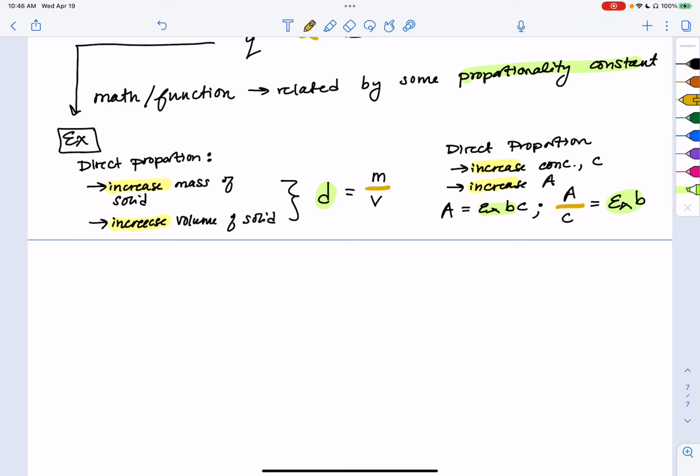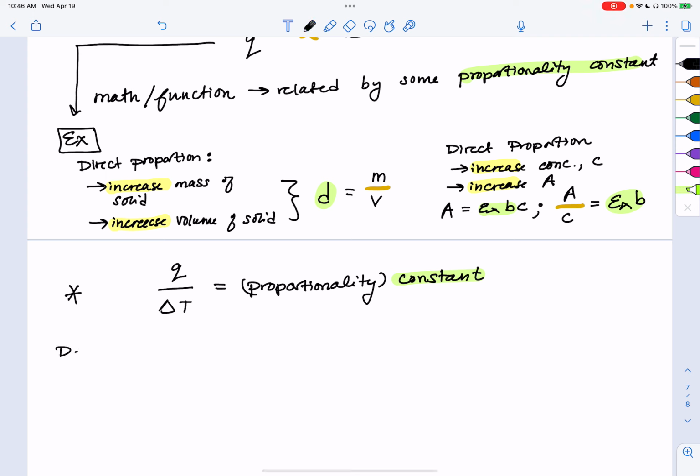So if we were to think about how Q and delta T might be related, we would say that Q over delta T is equal to some constant. And we have a name for this constant.